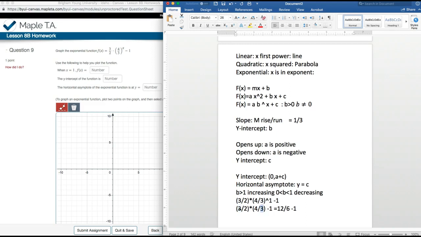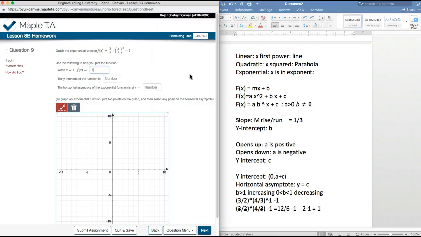I say it just cancels out, so I cross those out. Then 4 and 2 are both divisible by 2, and that leaves me with a 2 here. So I'm left with 2 minus 1. Or you can multiply and then simplify, which is 12 divided by 6, which is still 2. 2 minus 1 equals 1. So plugging 1 into this equation gives me a 1.